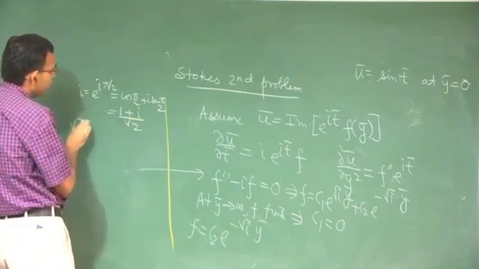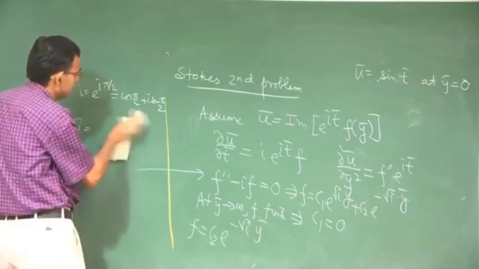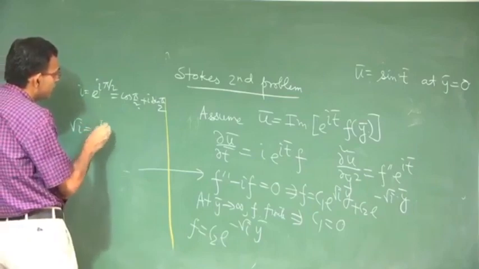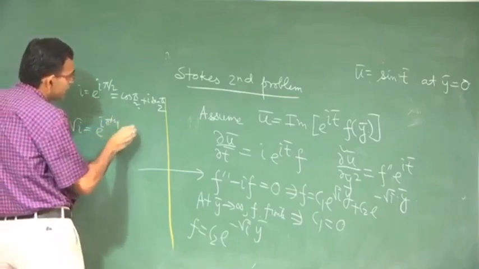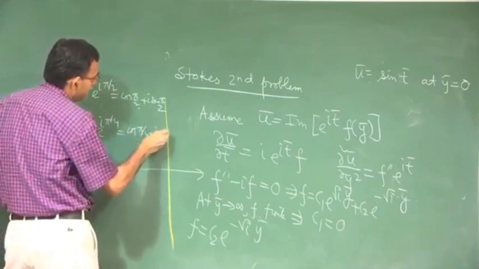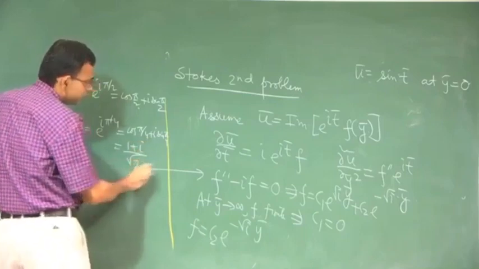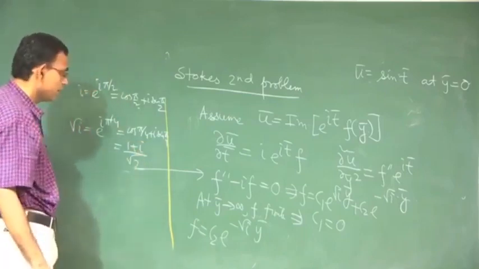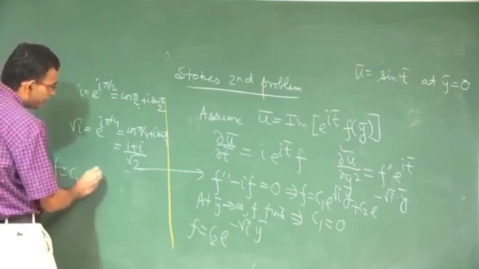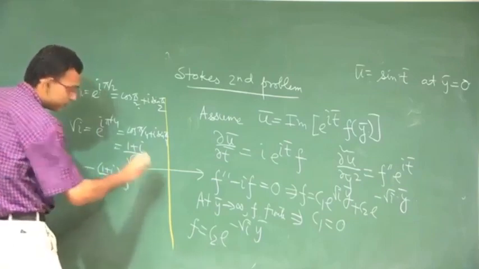So, square root of I is e to the power I pi by 4, this is cos pi by 4 plus I sin pi by 4, this is 1 plus I by root 2. Okay. So, you can write f is equal to C2 e to the power minus 1 plus I by root 2 into y.